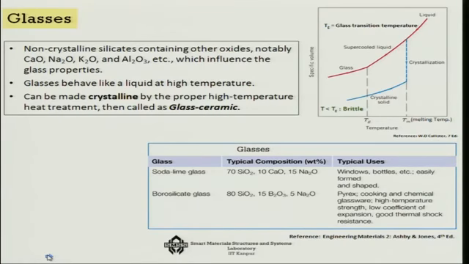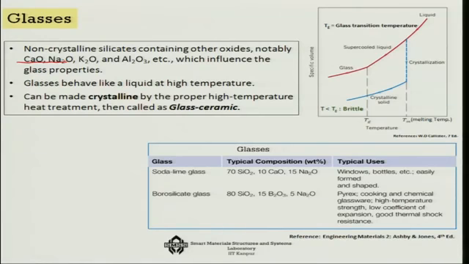The glasses are non-crystalline silicates, maybe from calcium oxide, sodium oxide, potassium, aluminum oxide, etc. Many times we make what we call a eutectic mixture, because the key thing is that you have to get various types of oxides in a stoichiometric ratio and heat it to a high temperature. If that temperature can be reduced, a good stoichiometric ratio can give a lower eutectic temperature.